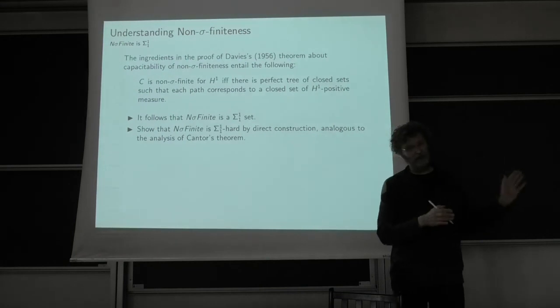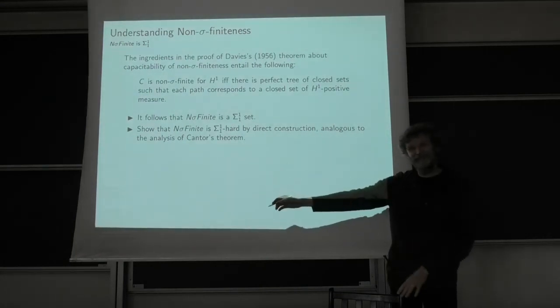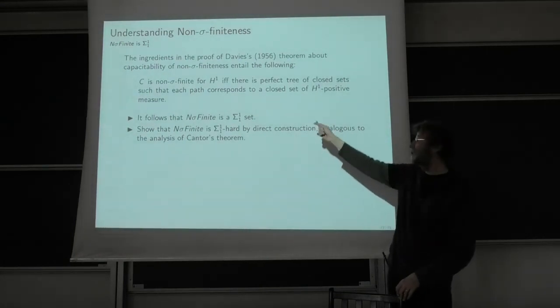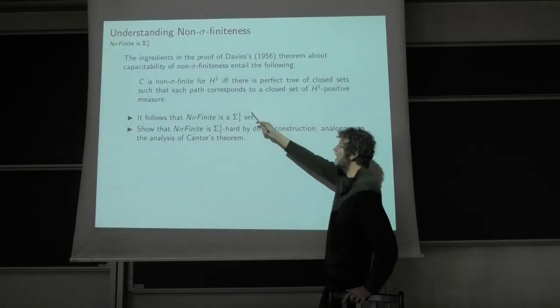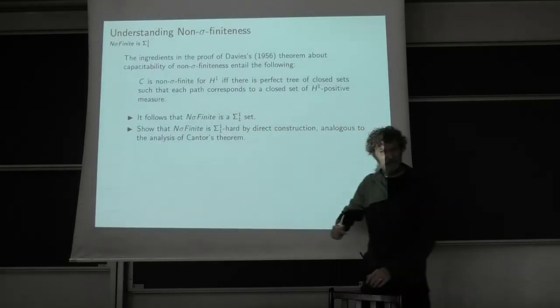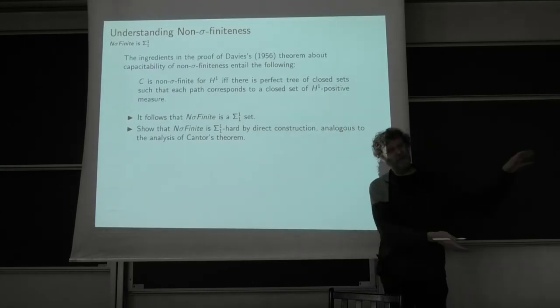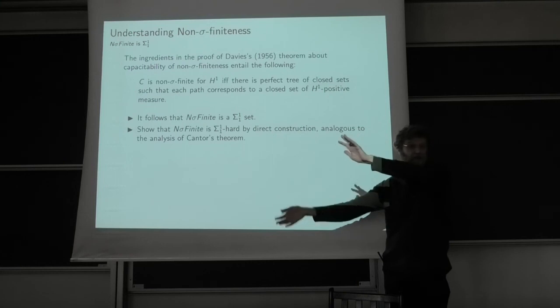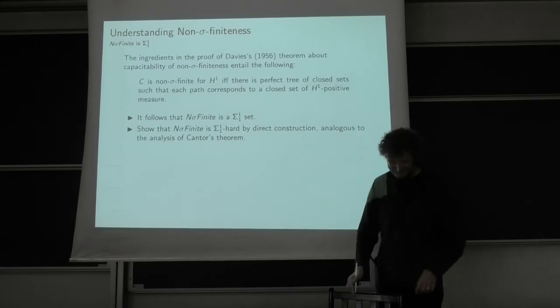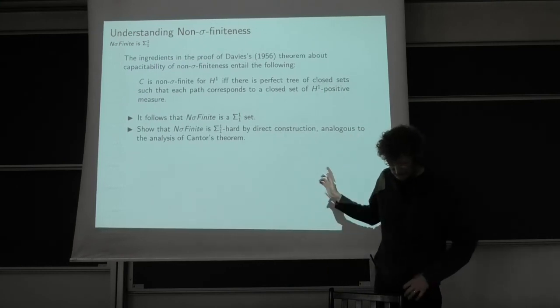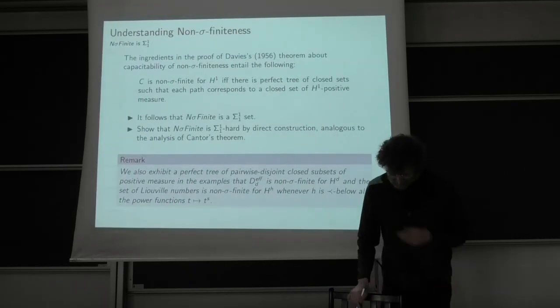Is it possibly large, but is it very, very large? The second distinction which you have to make if you're going to analyze non-sigma finiteness is a whole type more complicated. Going from looking at finite things to looking at infinite things. So that sort of explains why it's harder to work with this business.